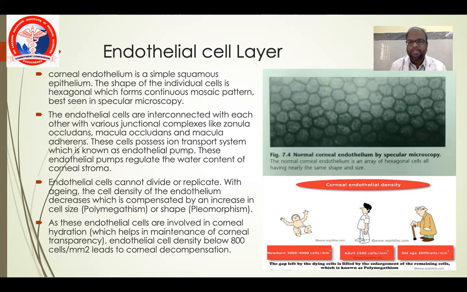The aqueous water seeps into the cornea, while this water which has seeped in is returned back into the aqueous by these endothelial pumps. This endothelial pump is a sodium potassium ATPase pump, and these pumps constantly push out water, thereby keeping the cornea in a turgid or semi-dehydrated state, which helps facilitate its transparency.